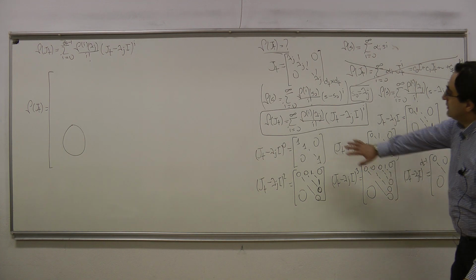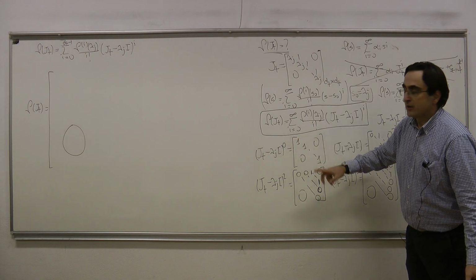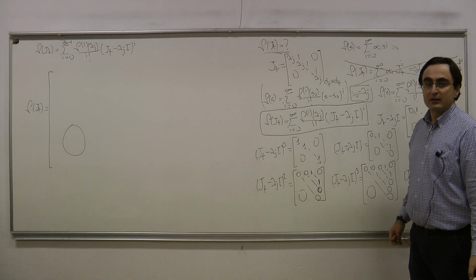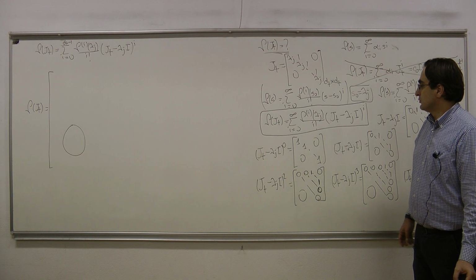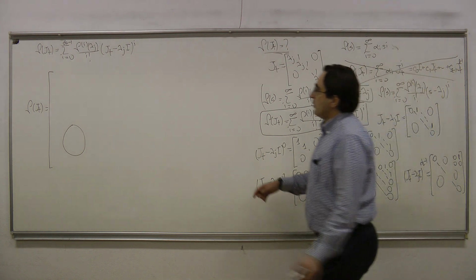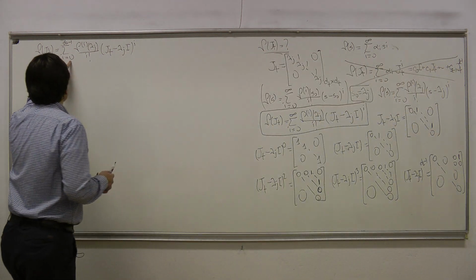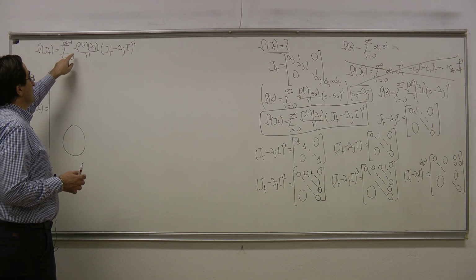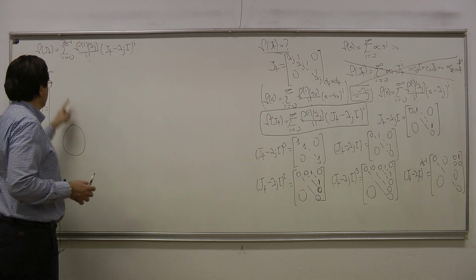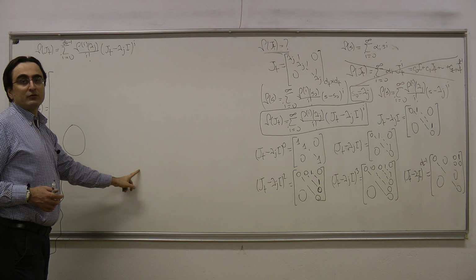Okay? So only the zeroth power can contribute to the main diagonal. So what does that mean? Only the i equals 0 term will contribute to the main diagonal of this matrix.